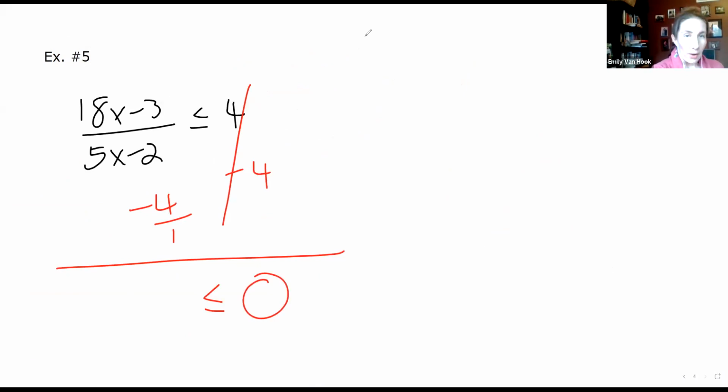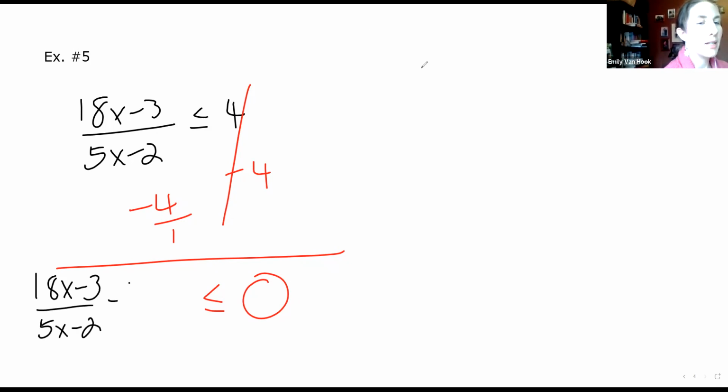To work out the whole subtraction problem, we need a common denominator, and our common denominator will be 5x minus 2. So watch carefully when we rewrite this. (18x minus 3) over (5x minus 2) minus 4 times (5x minus 2) over (5x minus 2).